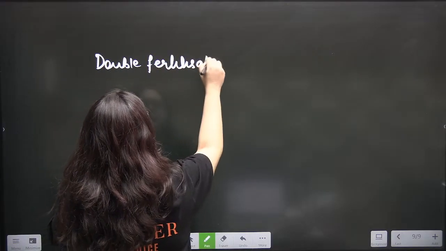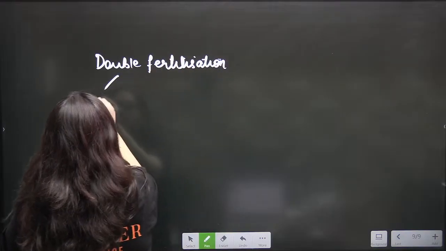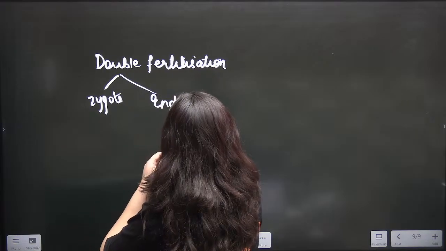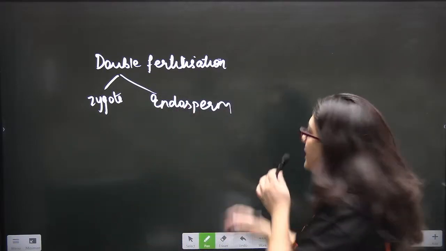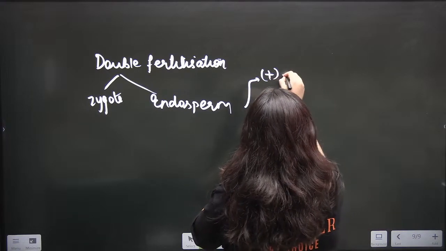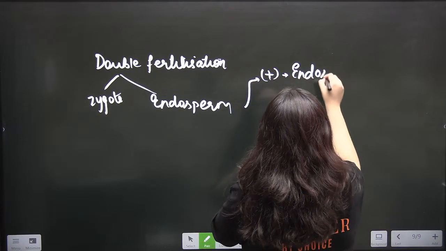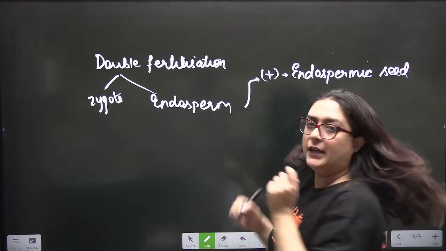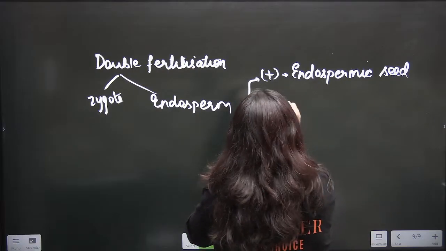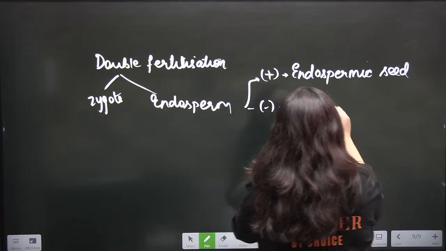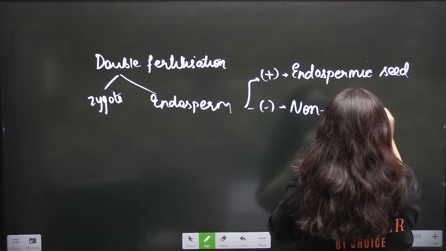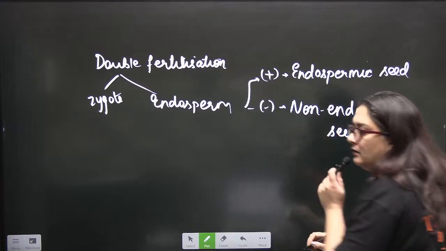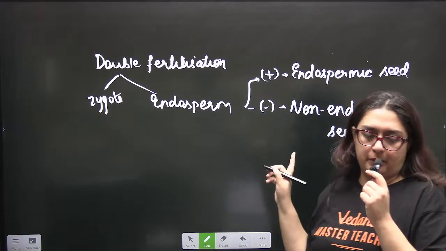One fertilization results in formation of zygote, while the other fertilization results in formation of endosperm. If a seed has endosperm, then the seed is called endospermic, while those that don't have it are non-endospermic. Done. Endospermic seed, non-endospermic seed.